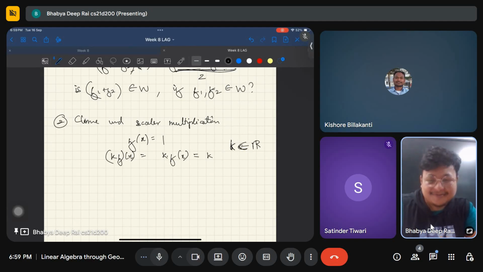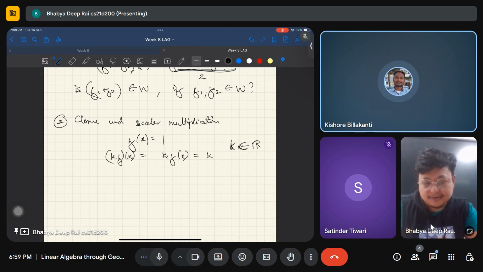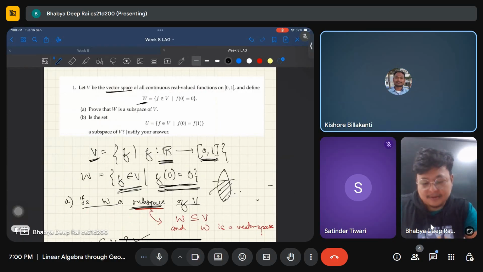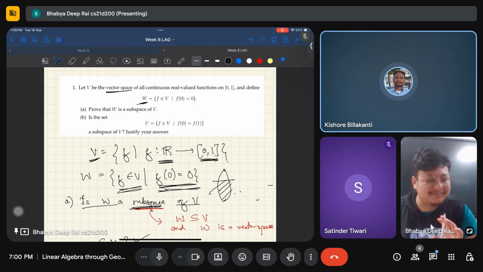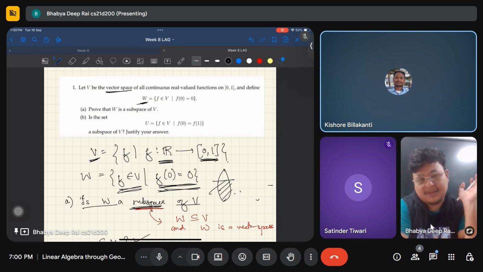But as it is a function, if we add that condition to the problem statement, probably that becomes the vector space. If you do one small thing, then it will work. But for the existing problem statement, the answer is no.